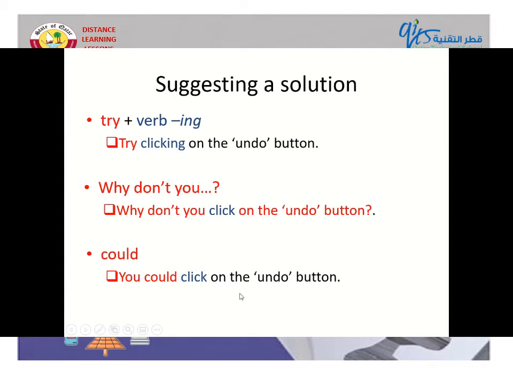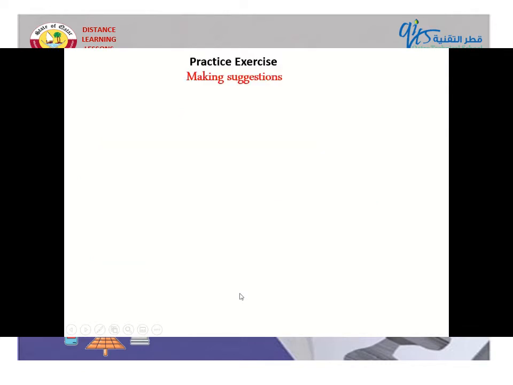So now let's take a look at some questions. Number 1, try ___ more water in the radiator. Since we have try here, we know that our verb must have ing. So C is our answer.